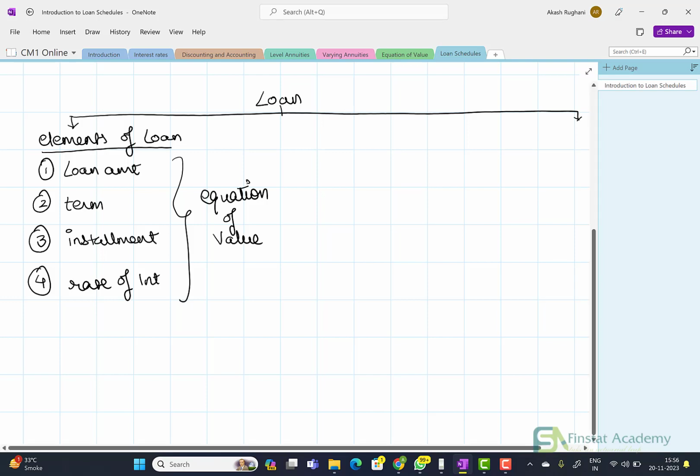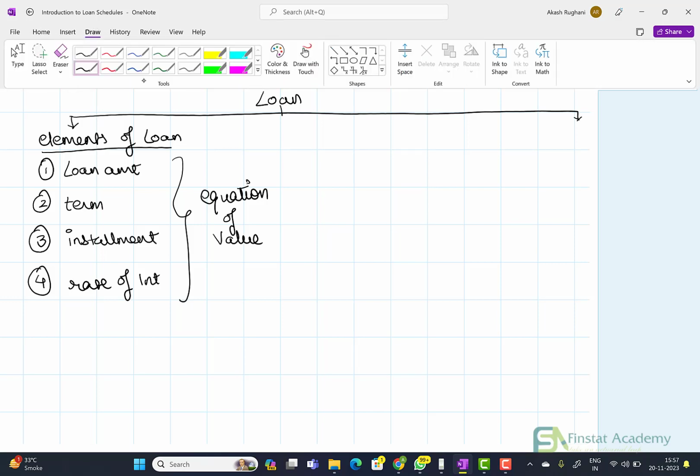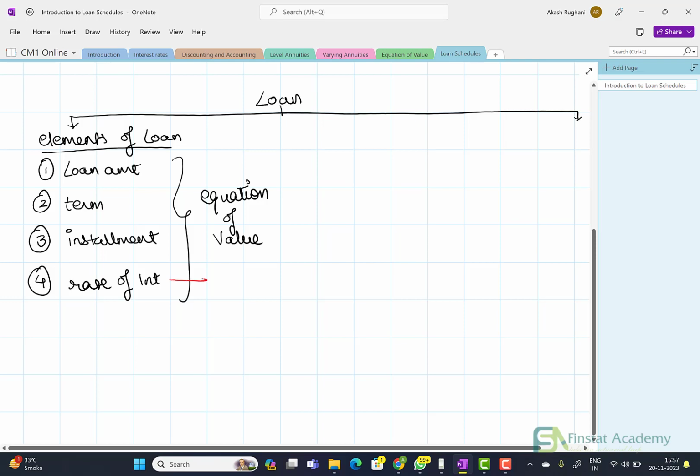It will be a simple equation of value. If the rate of interest is asked, as you remember, we use trial and error, so we will have to use a table function. If the term is asked, we use logs. Considering that the power function has to be found, we'll be using natural logs.